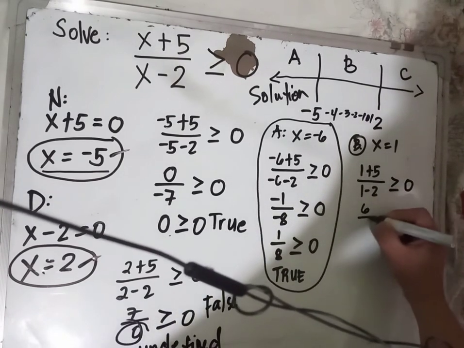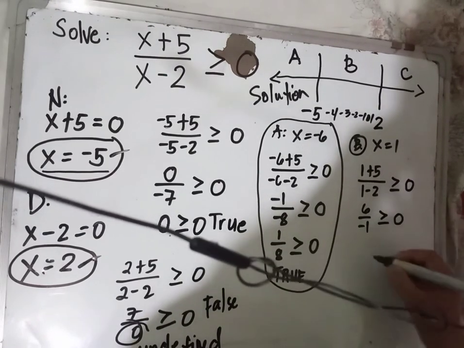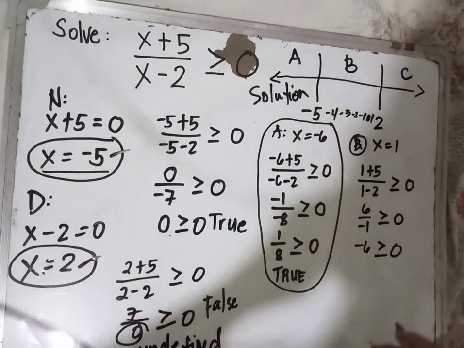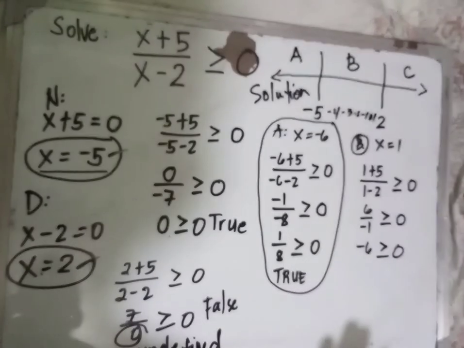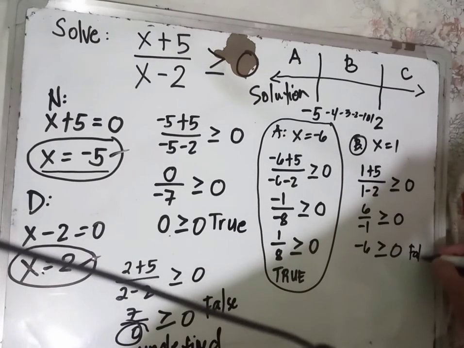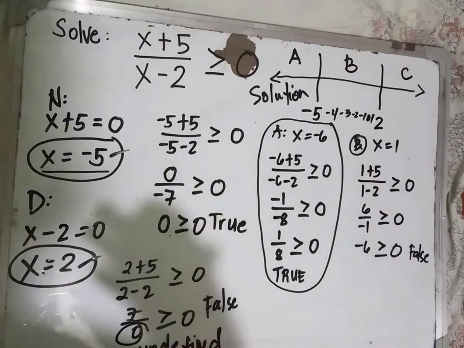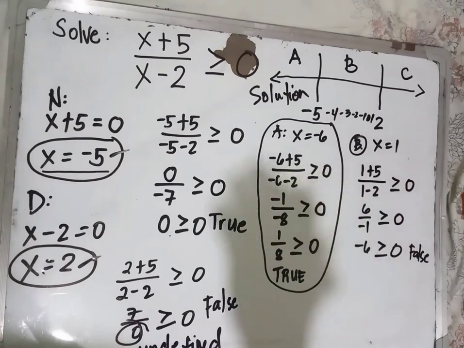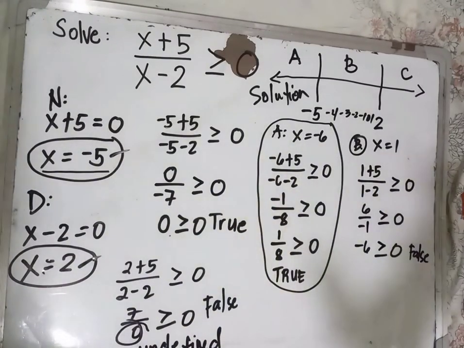So 6 over negative 1, so negative 6 is greater than or equal to 0. True or false? Okay, that is false. Why? Because malaki yung 0 kaysa any negative numbers. Lahat ng negative numbers, mas malaki pa yung 0.